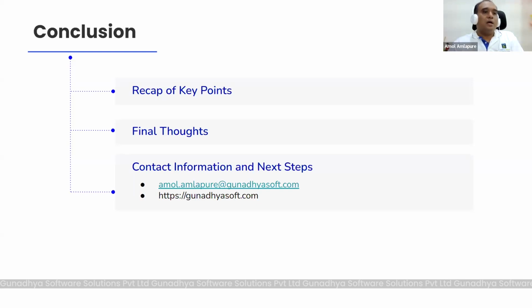Okay, let me quickly recap. We do have a couple of minutes. So what did we cover overall in this webinar? We discussed the benefits and cost savings of outsourcing. We discussed how to identify optimal areas for outsourcing via case studies as well as the criteria and the decision matrix.